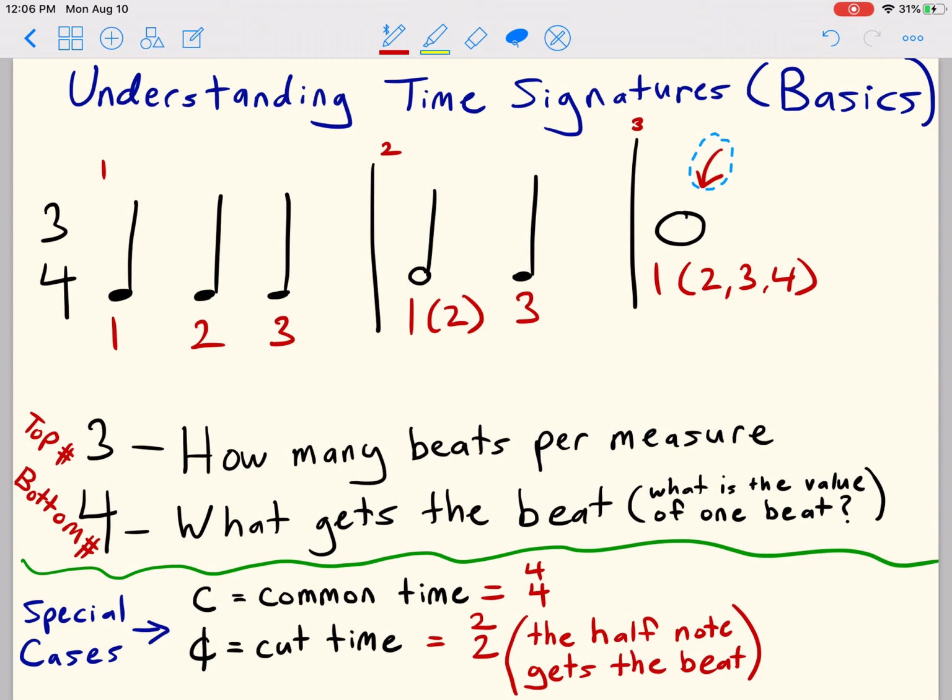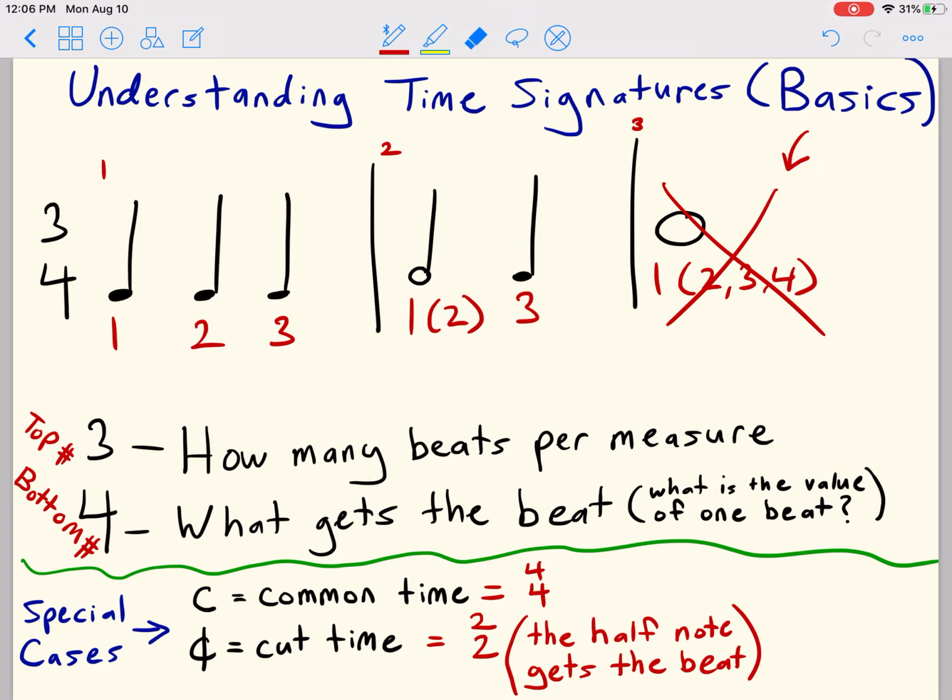In other words, it takes too much time, has too long a note value to fit inside a measure of 3/4 time. So this does not work. It literally does not fit in 3/4 time because it has 4 beats, and the 3/4 time signature only allows for 3 beats in each measure.